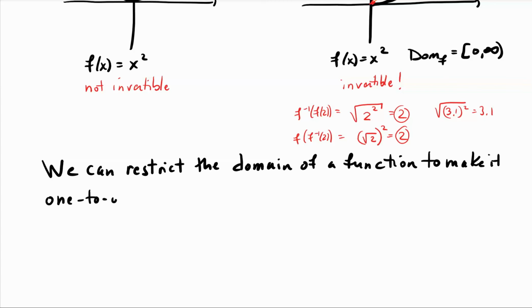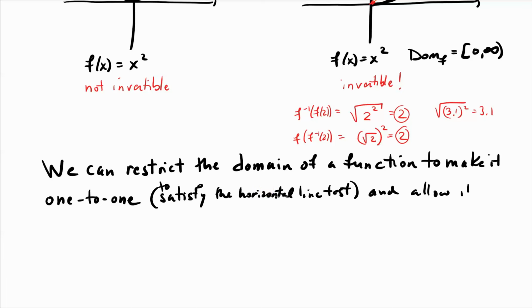One-to-one is basically a function whose graph satisfies the horizontal line test, and that allows it to have an inverse function. So this is what we're going to do in the next videos.